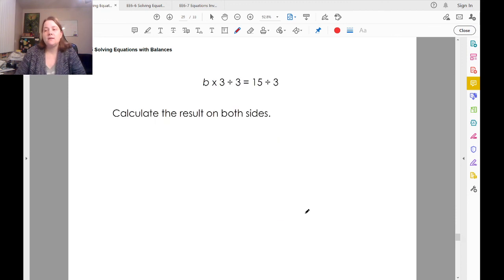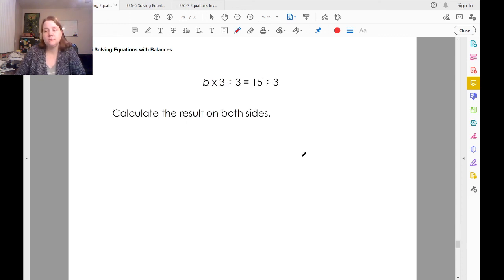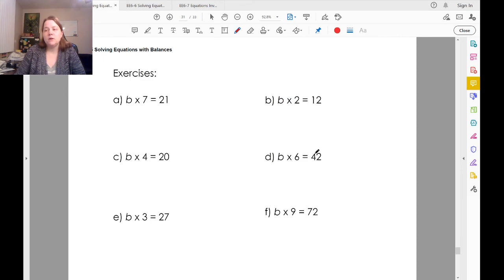Now, if we divided each one of these by 3, we divided this into 3 groups, and we divide this into 3 groups, we're going to get 5 apples in each group. B equals 5.